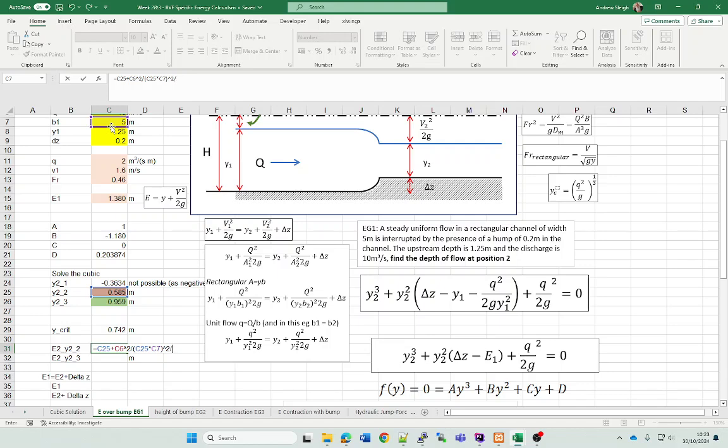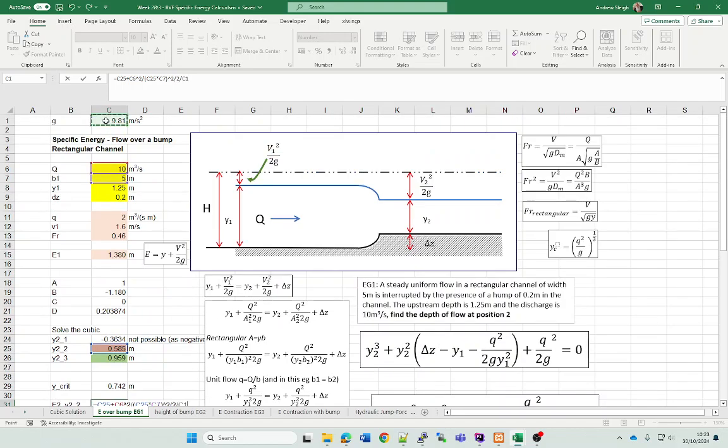So that's v squared divided by 2 divided by g.